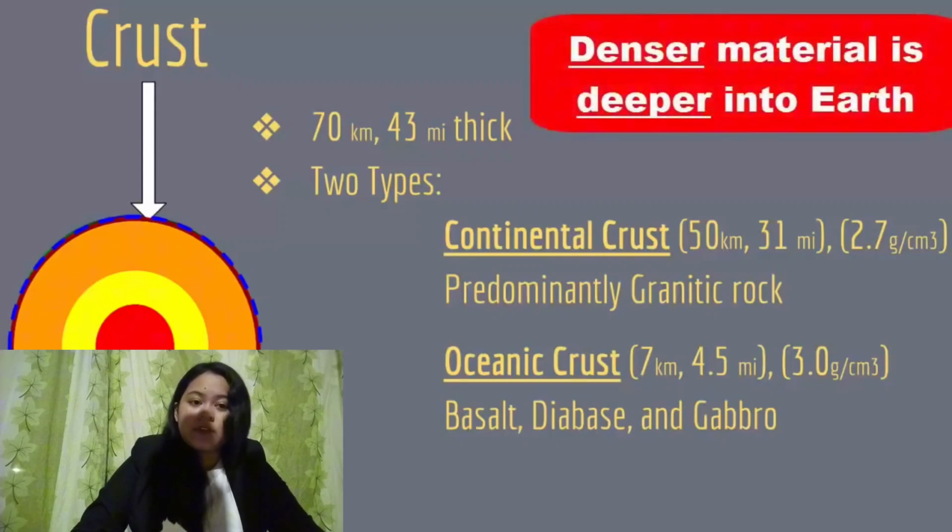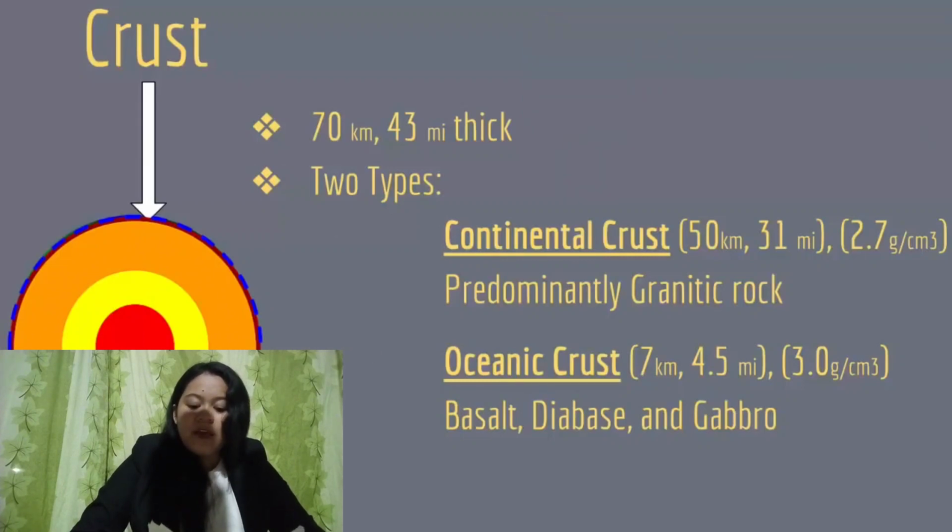The continental crust has a density of 2.7 grams per centimeter cube, and it is less dense than oceanic crust. This is the reason why oceanic crust lies below continental crust. Something you should keep in mind is that the layers of the Earth are arranged this way mostly due to density. So let's come back to the crust.